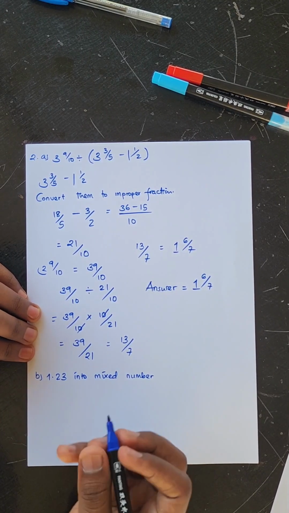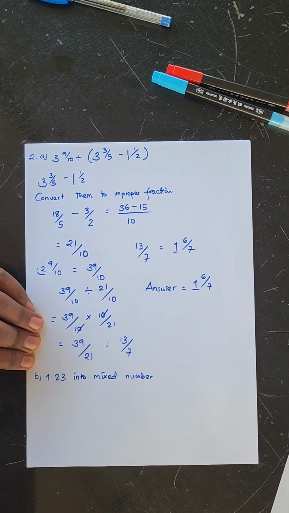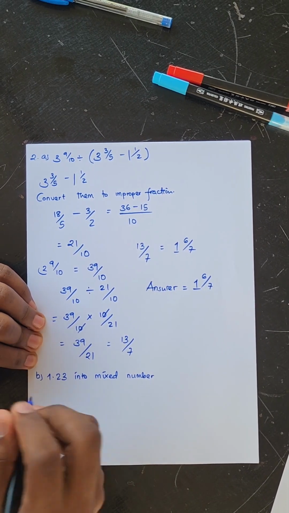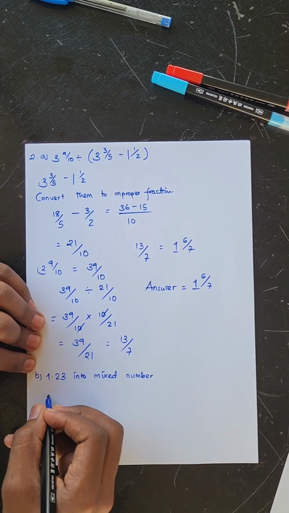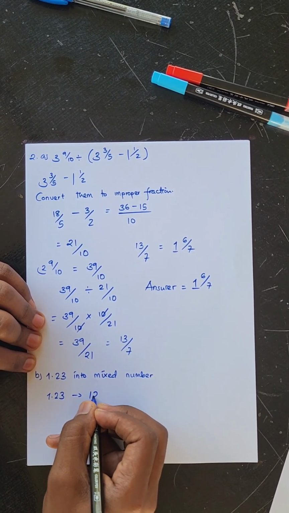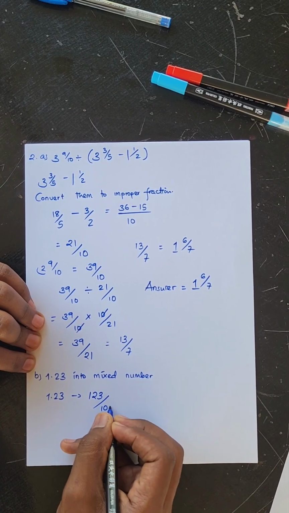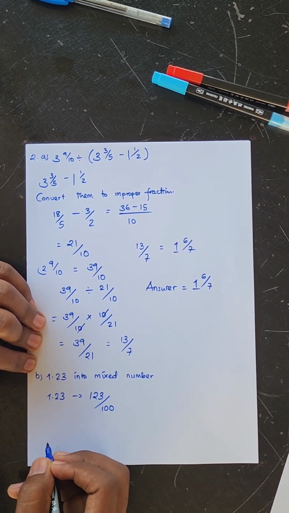If we turn 1.23 into a fraction, it's the same as saying 123 divided by 100. If you divide this, you get 1.23.